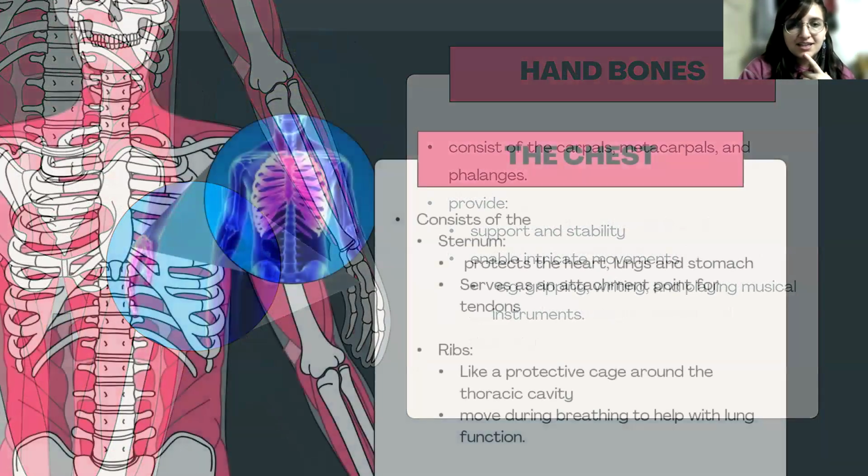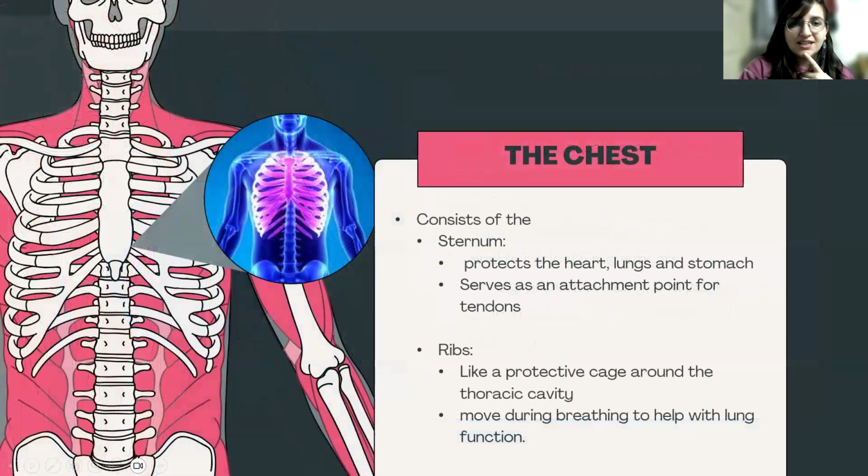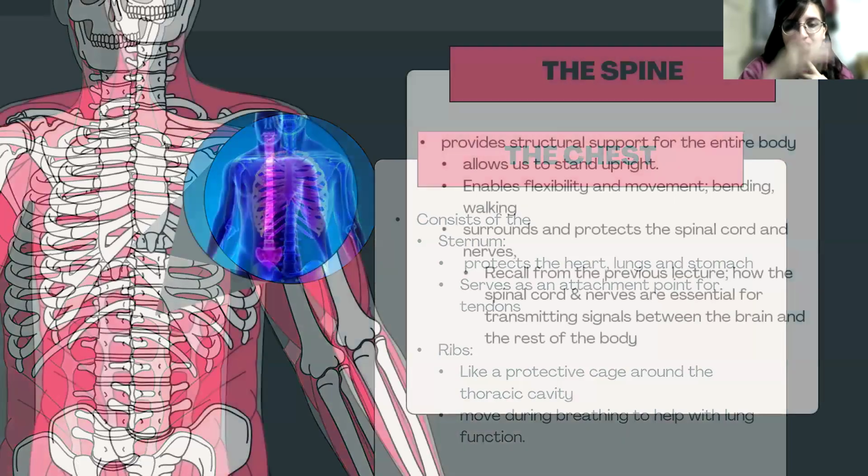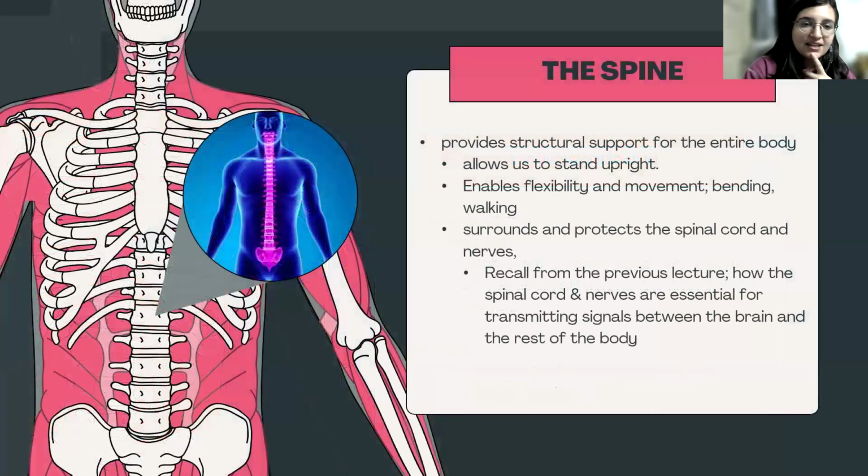And we also studied the bones in the chest part, which were the sternum, the middle part here, and the ribs. And we understood how they protect very important organs like the heart, the lungs, and even how they contribute to protecting the stomach. Okay, and then we studied the spine. The spine was also related to the nervous system.